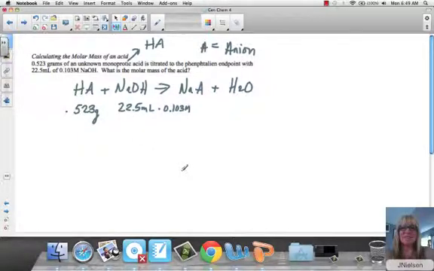So let's figure out a couple of things. Well, if we've got molar and milliliters, we can figure out moles, right? So this is going to give us millimoles. This is going to give us 2.32 millimoles of NaOH.